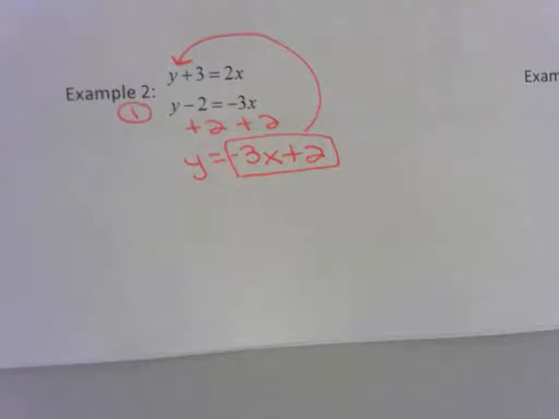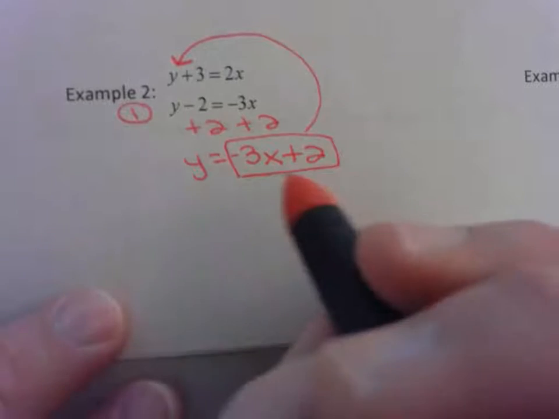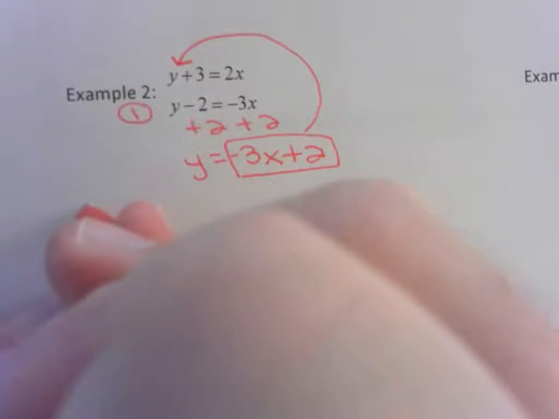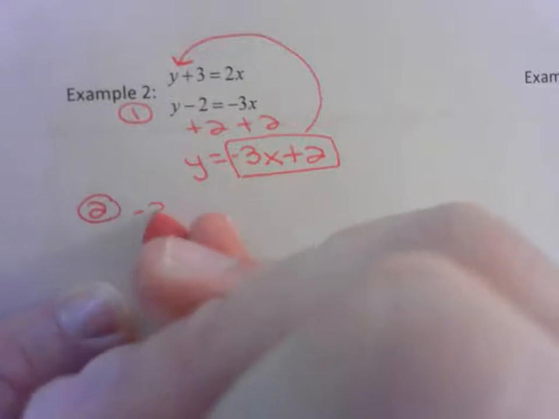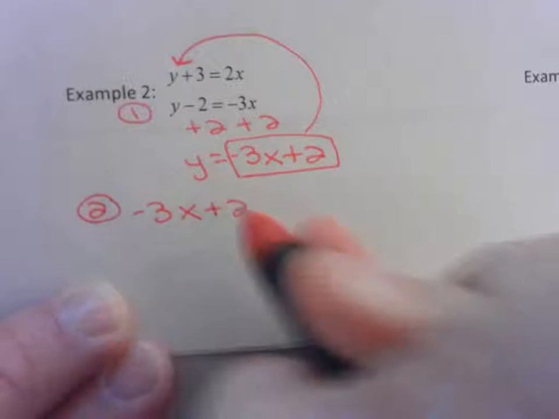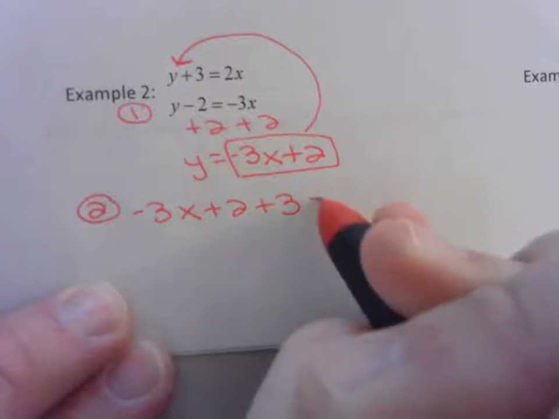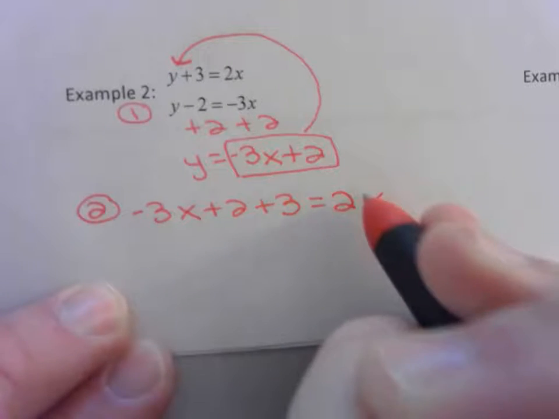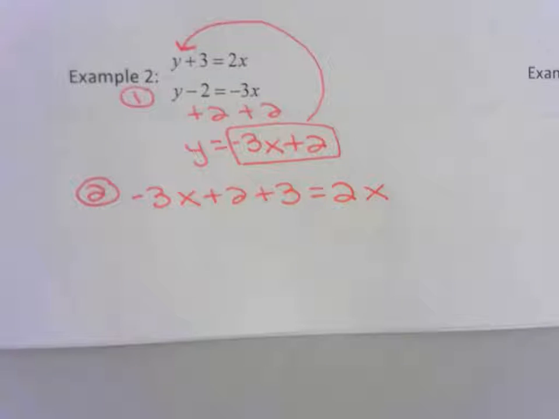That is the same thing as y, so I can plug it in where y is in my top equation. So my top equation will look like what? Negative 3x plus 2 plus 3 equals 2x. You take negative 3x plus 2 and plug it in where y is in your top equation.